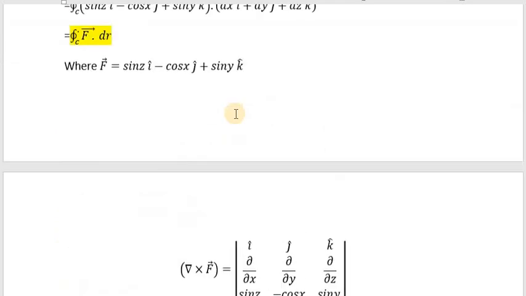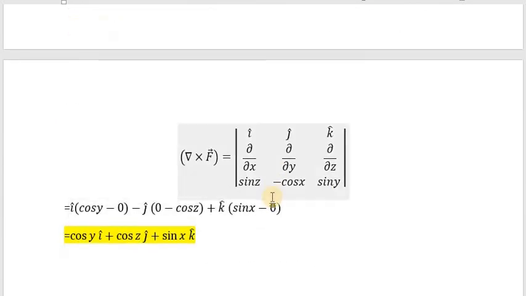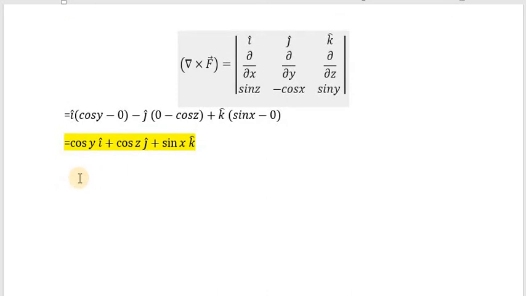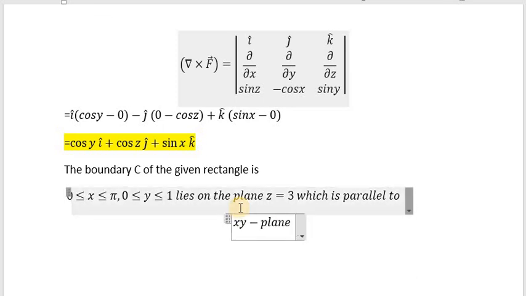Now by the formula we need del cross f dot n. Here we consider the surface in the xy plane, so the normal vector will be k. The boundary of the rectangle C, with x lying between 0 to 5 and y lying between 0 to 1, lies in the plane z equal to 3, which is parallel to the xy plane.